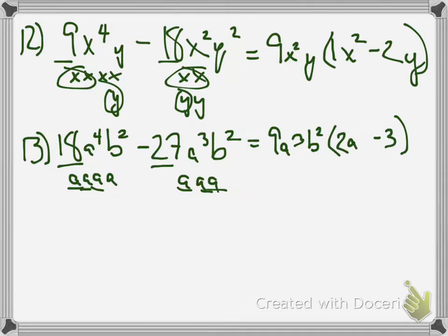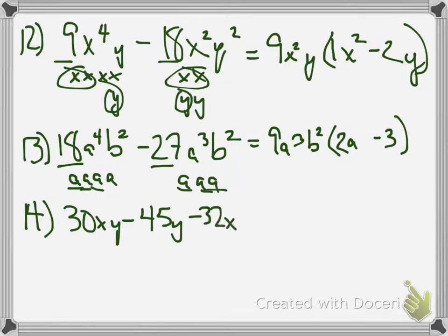Anyways, so how do I do 14? 14 is called factor by grouping, but it's still greatest common factor. So factor by grouping: put these two together, and these two together. Here, the largest number that goes into 30 and 45 is 15, and I can also take out a y.